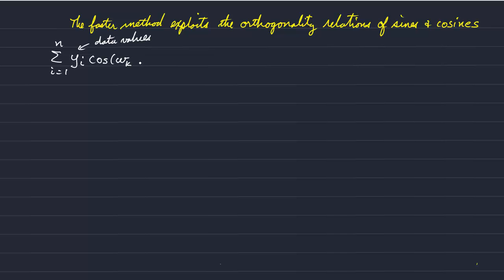And that cosine function is the kth harmonic that we're multiplying each value of y with. And here we're going to say that k is not equal to 0. K can be anything between 1 and n minus 1 over 2, but it cannot be 0.